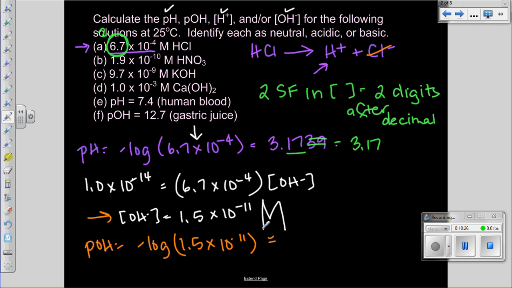I will stick that into my calculator, and I get 10.82. I have two significant figures in my prompt, so because it's pH, I need 2 digits after the decimal.